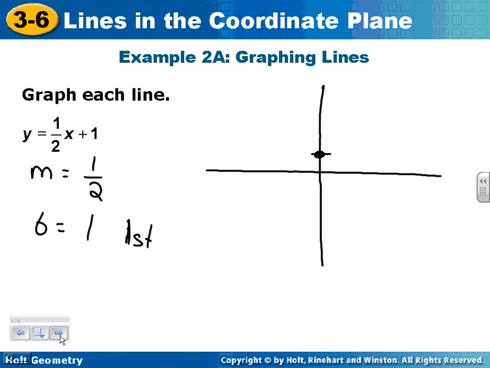My slope is rise over run, so I want to go up 1 and right 2. Up 1 and right 2 would put it right there. And I would draw a line through those points. Remember the concept, it only takes 2 points to draw a line.